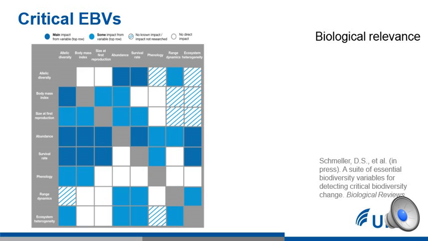But with this set of critical EBVs, so to say, we would be able to very well give an idea about biodiversity, a rather complete picture across all of the different organizational levels of biology.